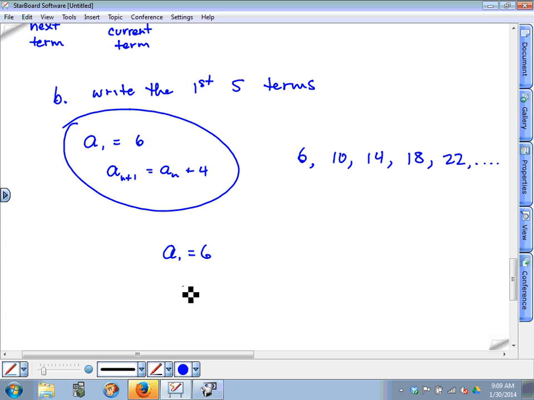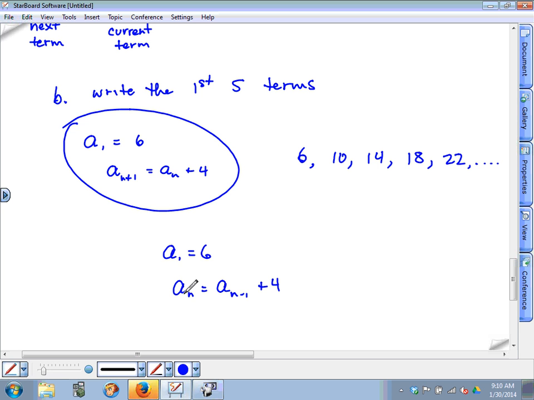The book that we're using would say this. A sub n is equal to a sub n minus 1 plus 4. The current term is the previous term plus 4. The current term that you're searching for, so they're considering it this way.